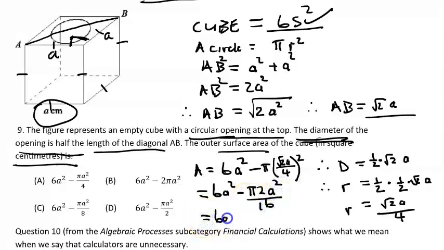We can simplify 2 and 16: 2 goes into 2 one time and into 16 eight times, so that will be pi a squared over 8. So 6a squared minus pi a squared over 8. So that will be option C.